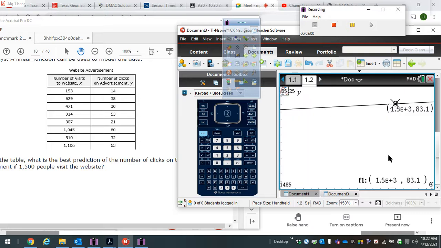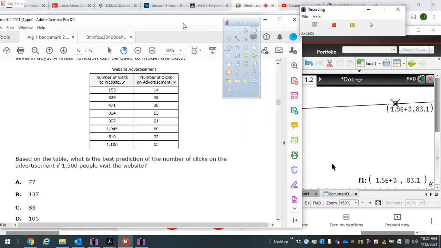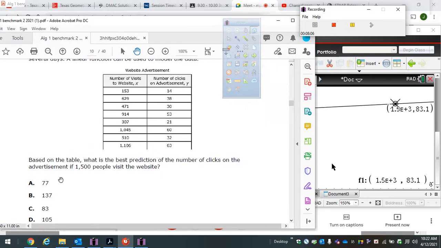I'll go back to that page. It's still about the same, guys. So you know what? I'm going to stay there. About 83. Okay, it's not going crazy off to one of the other ones, so I'm going to stay with that one.